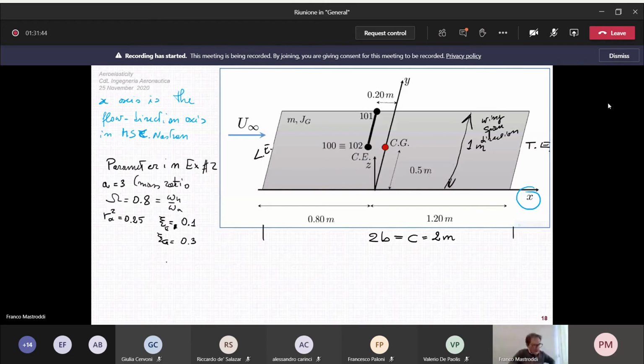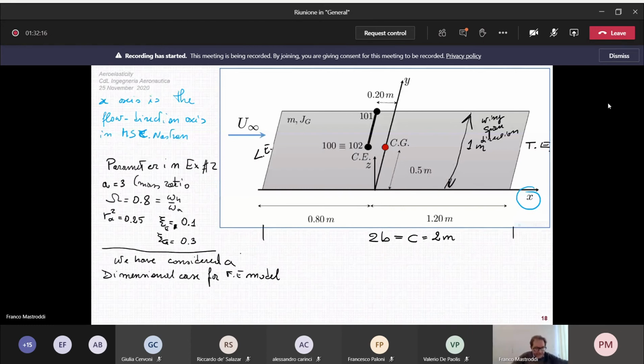So these are the data of our case, and here we have considered a dimensional case for the finite element model, setting b equal to 1 meter, and so c equal to 2 meters.